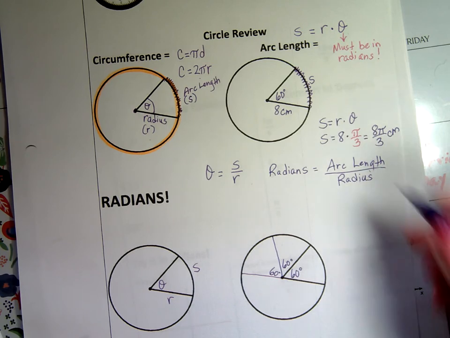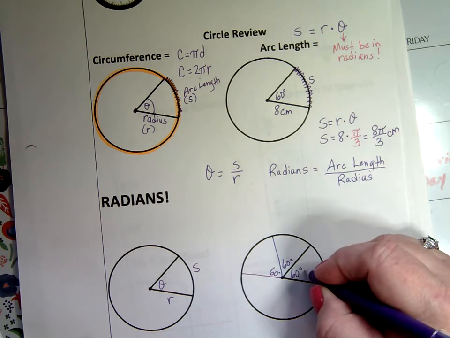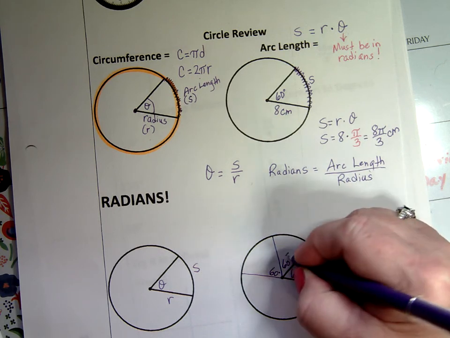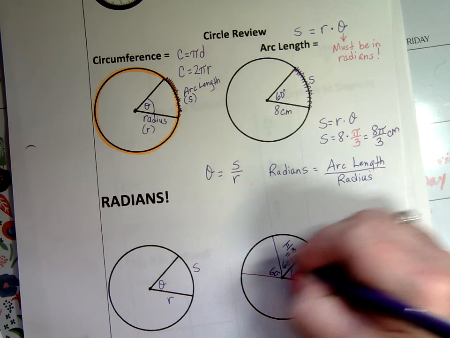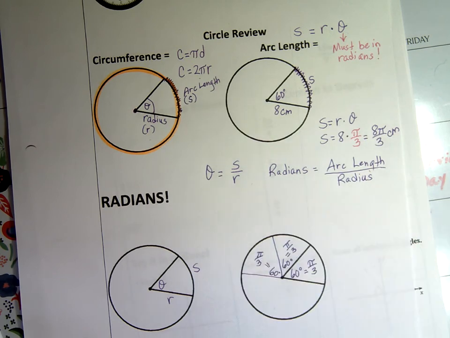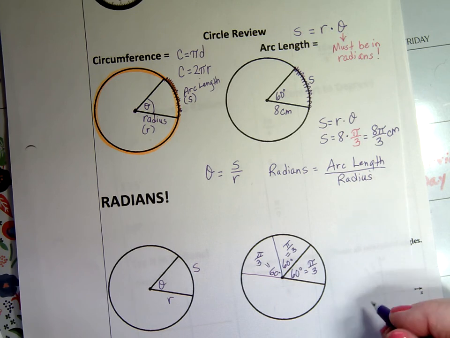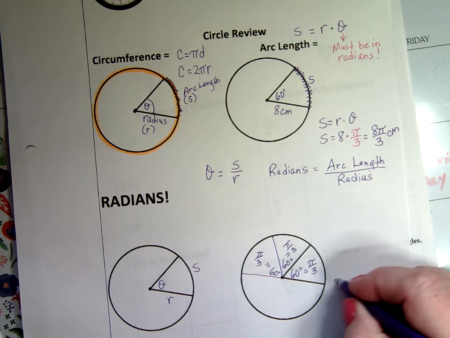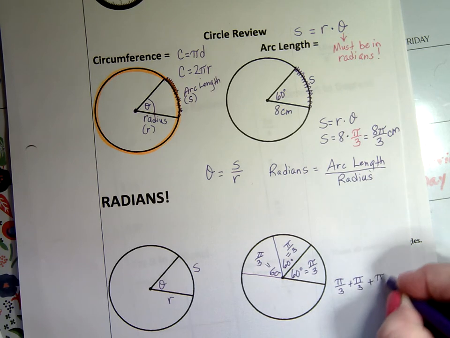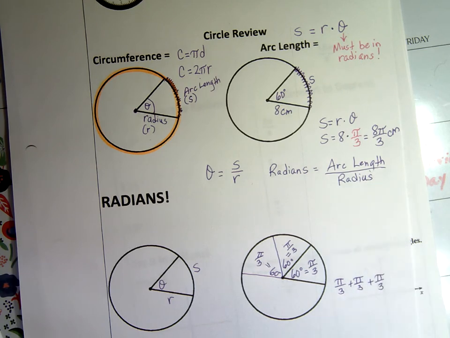Now, we set up here, without showing you why, that 60 degrees is equal to pi over 3. Well, what if these things were all pi's over 3? What would happen then? I would have pi over 3 plus pi over 3 plus pi over 3, right? I've got 3 of them.